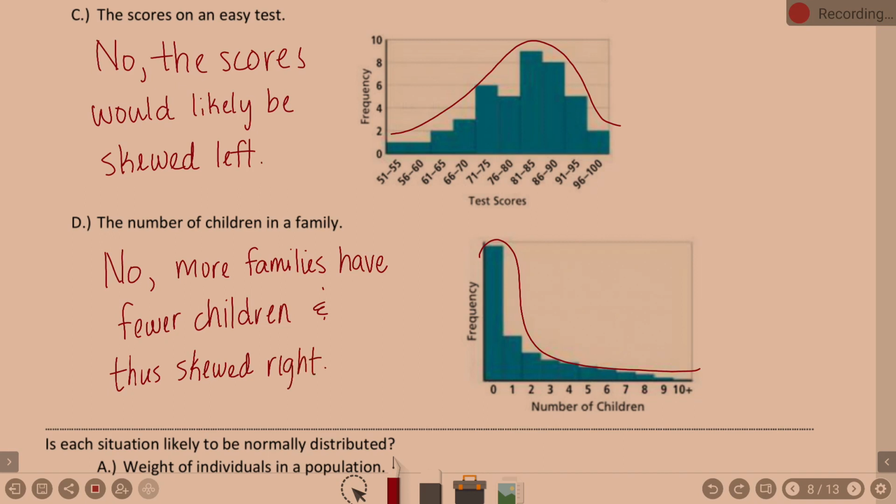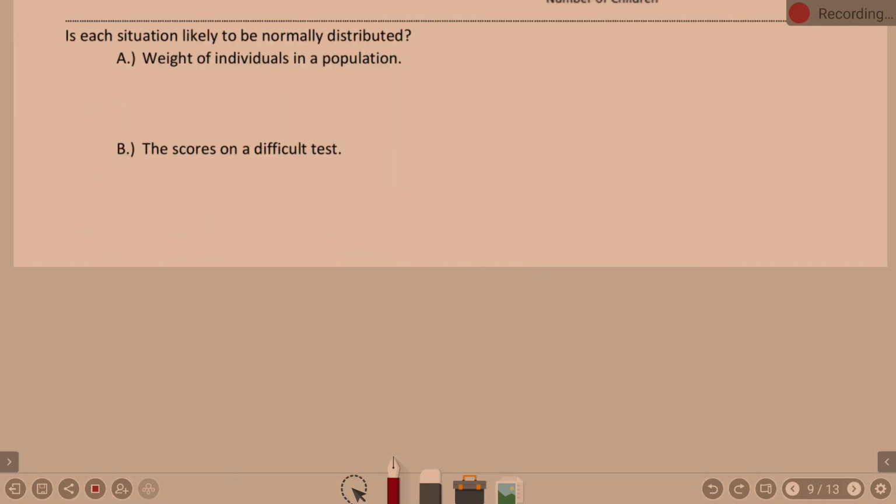Okay, 2 scenarios real quick without a graph to look at. I know it makes it a little bit more difficult. You have to think carefully here. Is each situation likely to be normally distributed? Weight of individuals in a population.